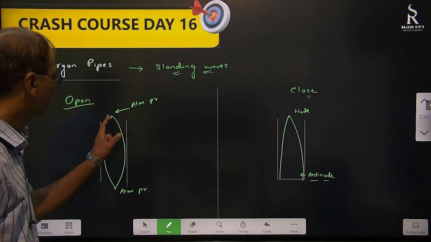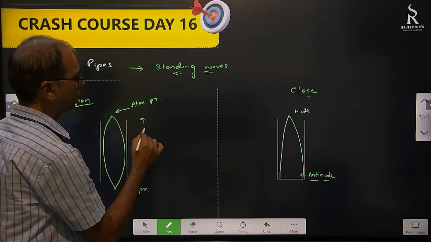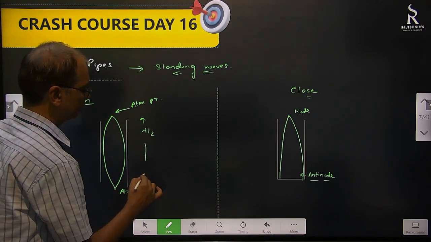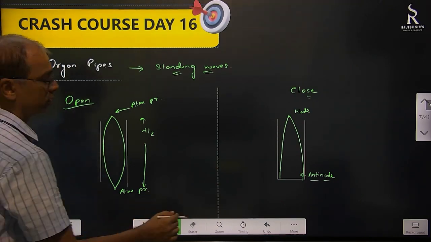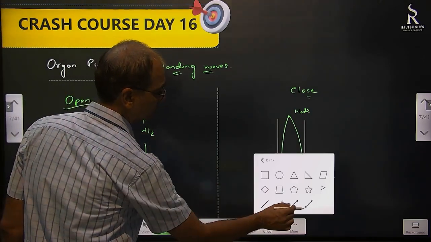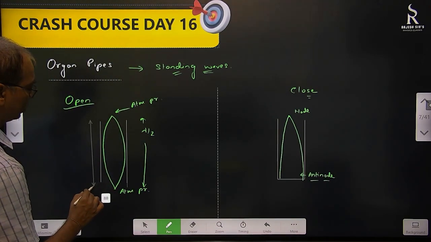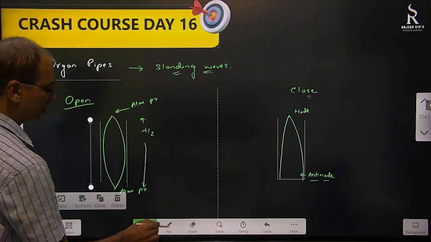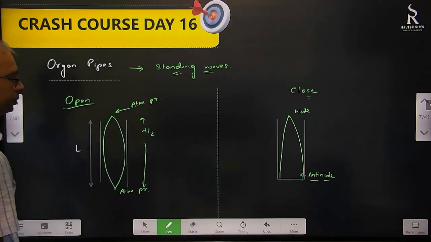Now we all know that between node and node, the difference is lambda by 2. And if we assume that the length of this organ pipe is L, then we can equate L with lambda by 2.